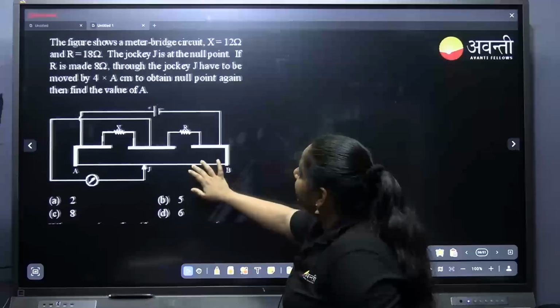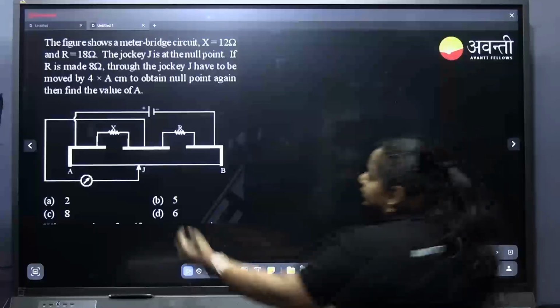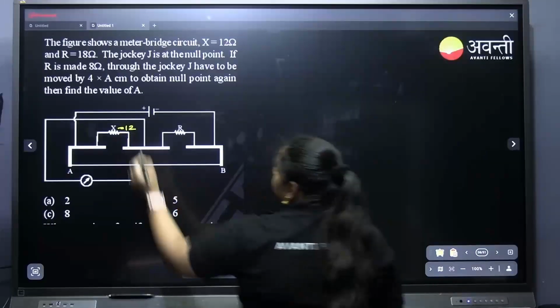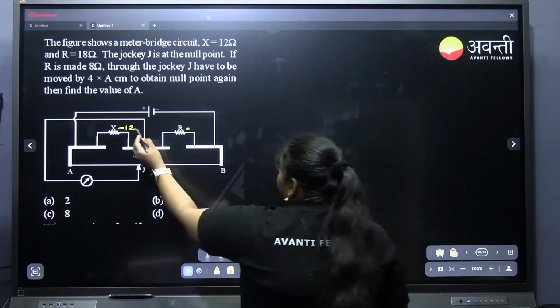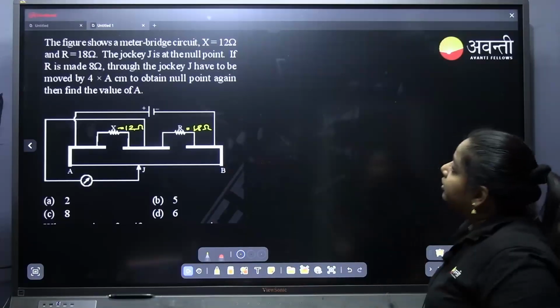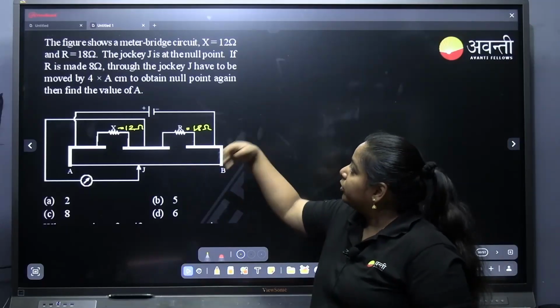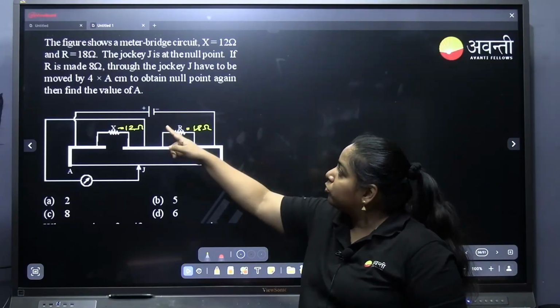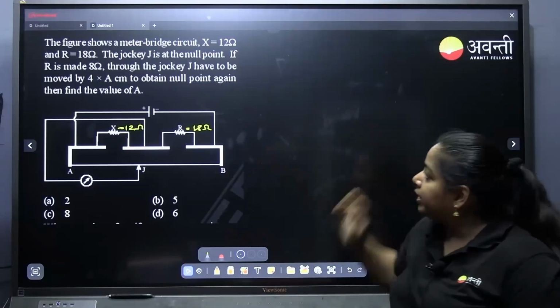The figure shows a meter bridge circuit, X equal to 12 centimeter, R equal to 18 ohm. The jockey J is at the null point. If R is made 8 ohm, the jockey has to move by 4A centimeter to obtain the null point again.